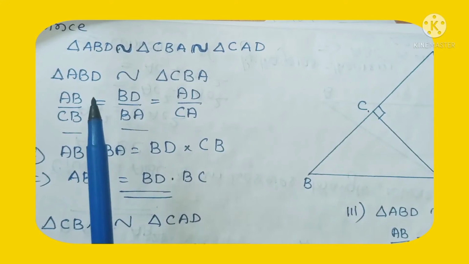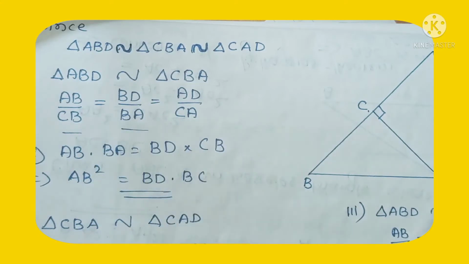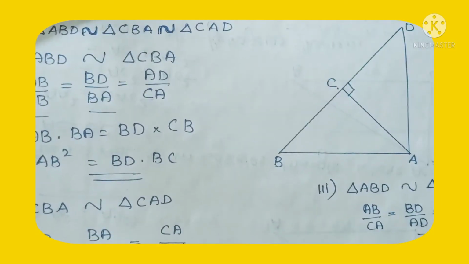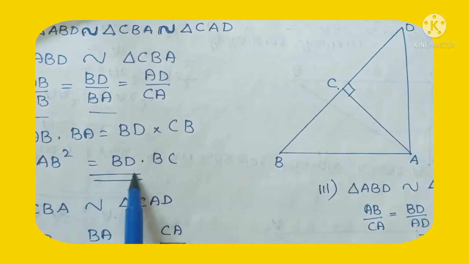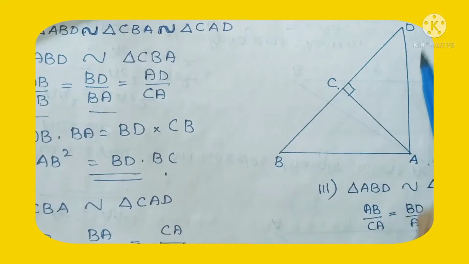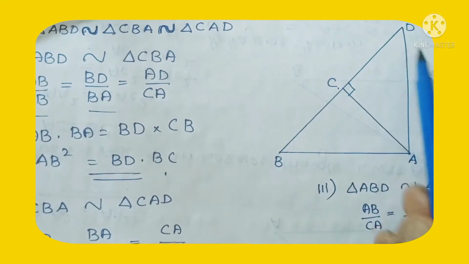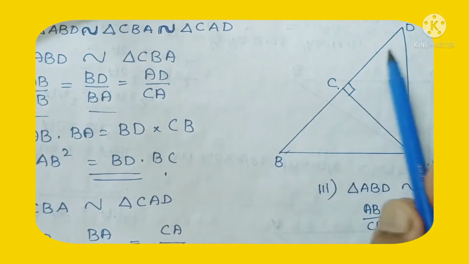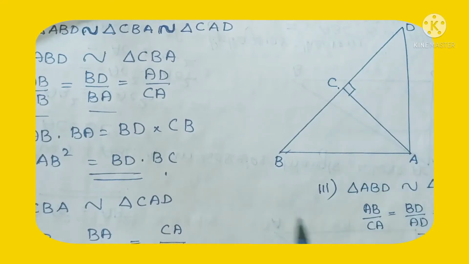Third question. Triangle ABD is a right triangle, right angled at A. Then we want to show that AB square is equal to BD into BC, AC square is equal to BC into CD, and AD square is equal to BD into CD.